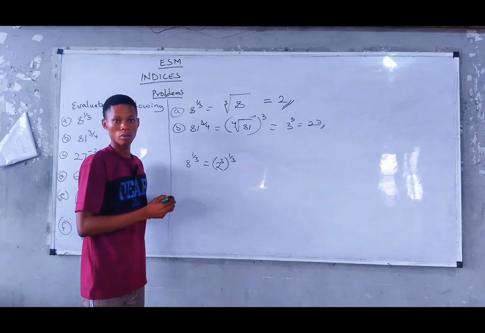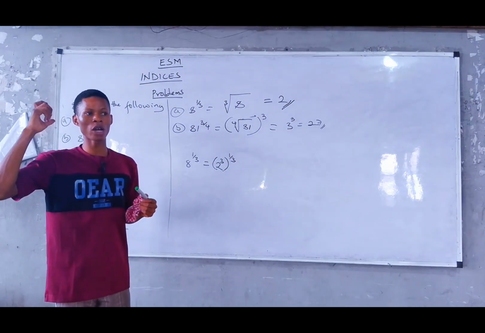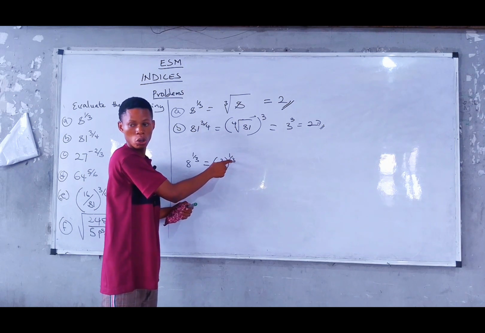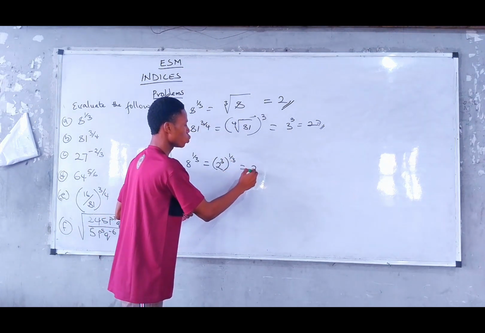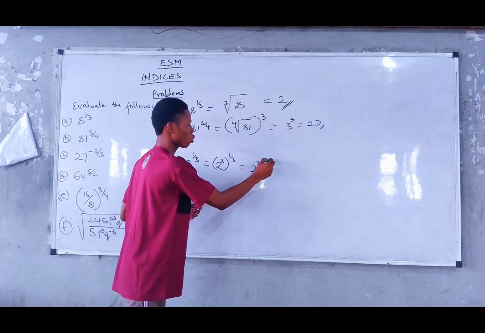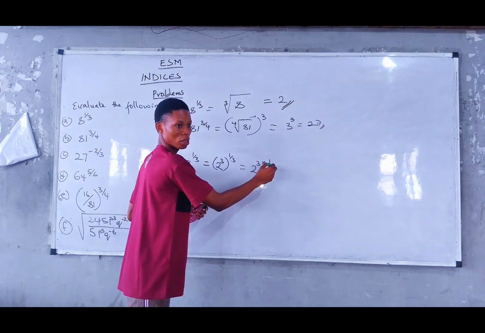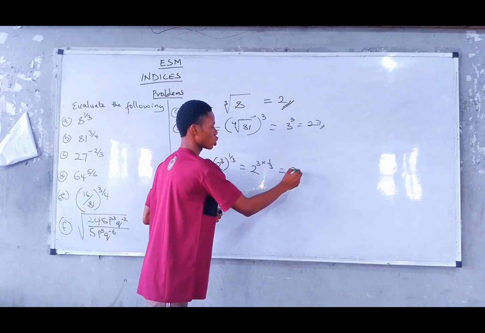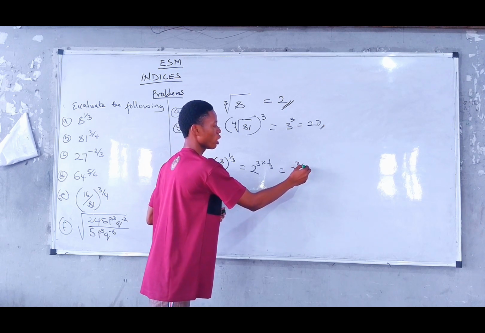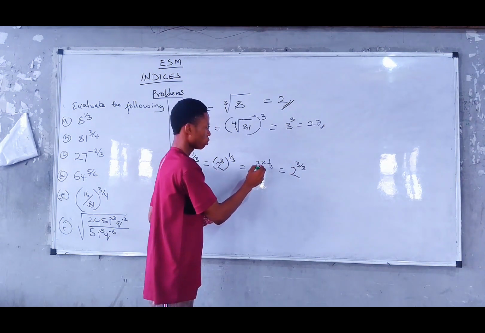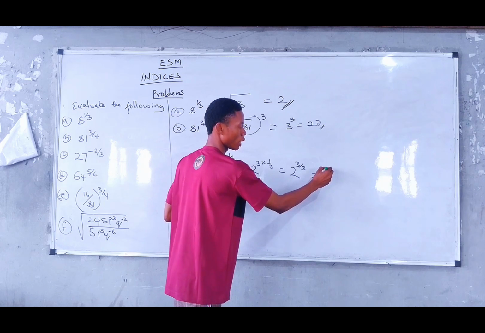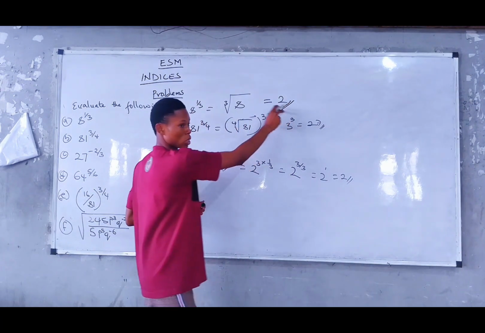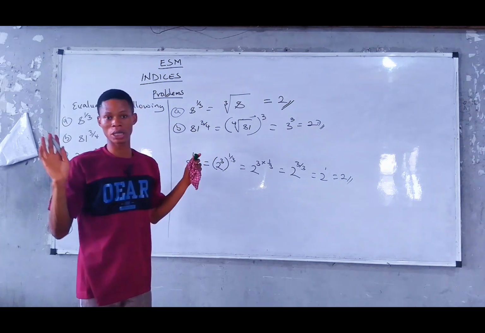And remember the product power rule, that when you have 2 powers like this, you multiply them. So this is 2 raised to power 3 times 1 over 3, which is 2 raised to power 3 over 3, which is 2 raised to power 1. And 2 raised to power 1 is 2. So we have the same thing as this. So anyone that is okay with you, perfect.